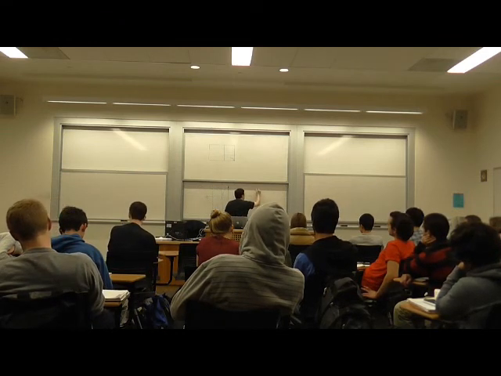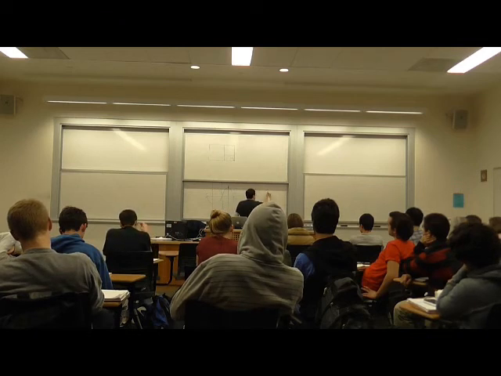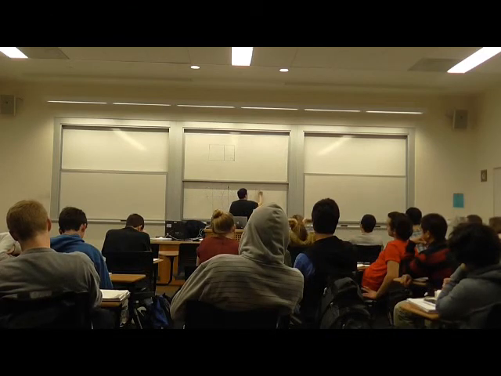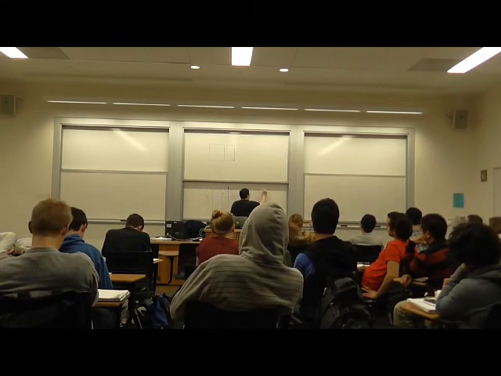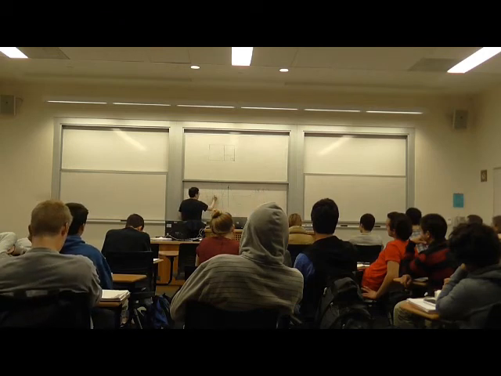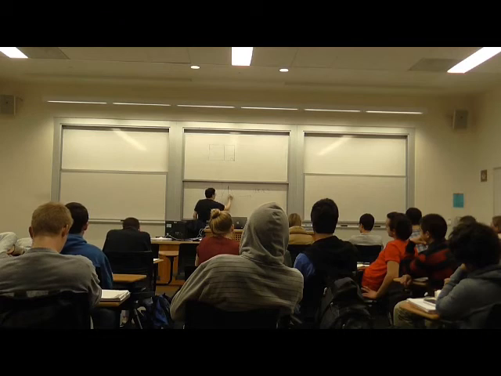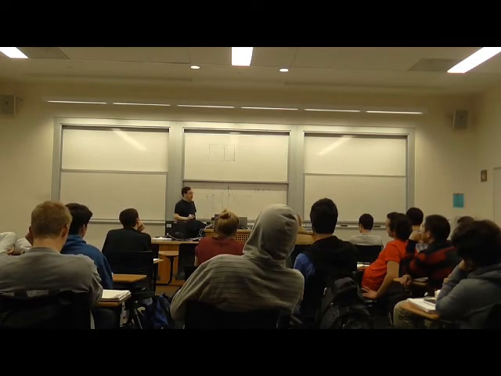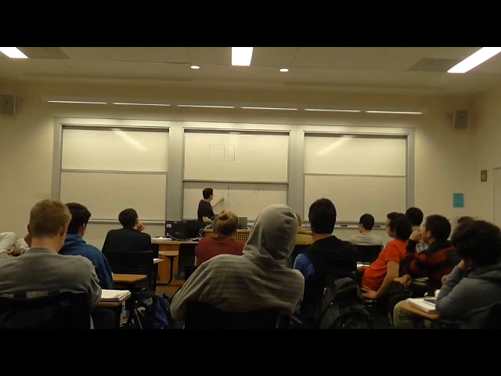You should know that by convention we use negative pi over 2 through pi over 2. Here we have negative pi over 2, and here we have pi over 2. You should understand why we're picking those points. You can say, why not pick from 0 to pi like we do with cosine?